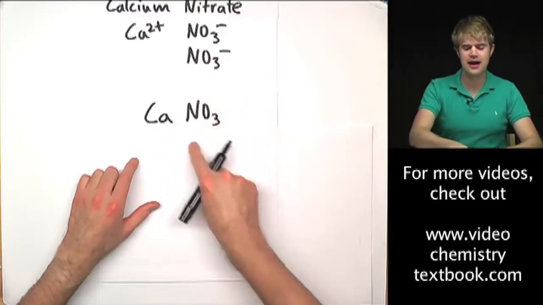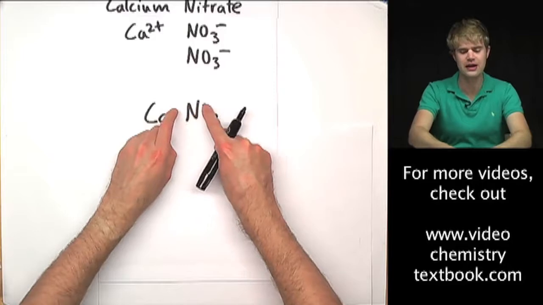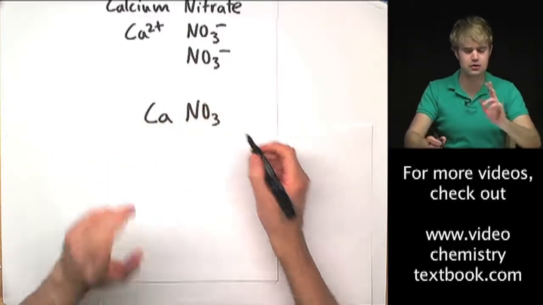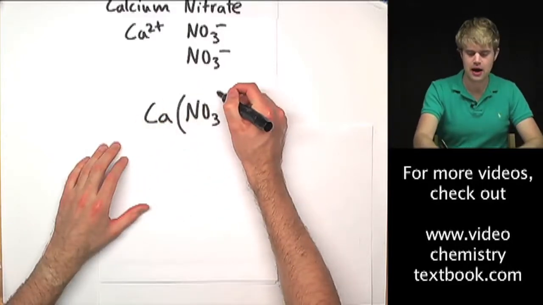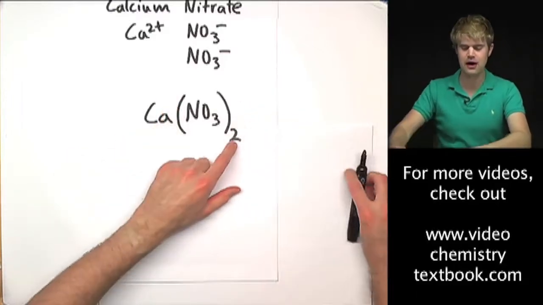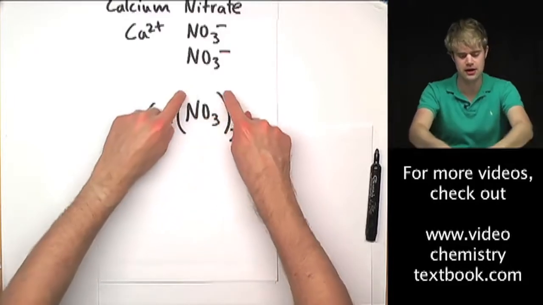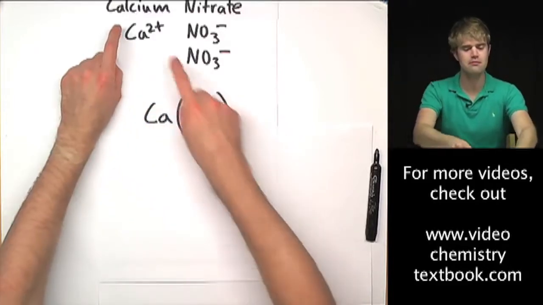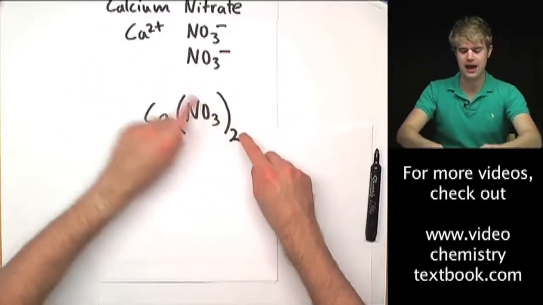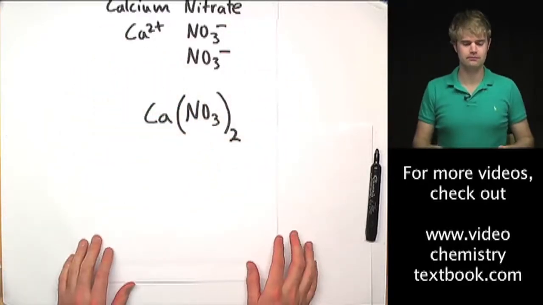I want to say that I have 2 of this whole thing though, right? I want to multiply this whole thing, NO3, by 2. So I'm going to use parentheses. I surround the polyatomic ion with parentheses and then put down here how many of this whole thing I want. So it's going to be Ca(NO3)2. It means 1 atom of calcium and 2 whole clumps of nitrate.